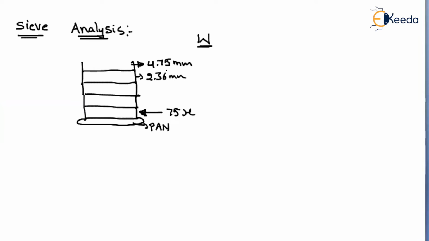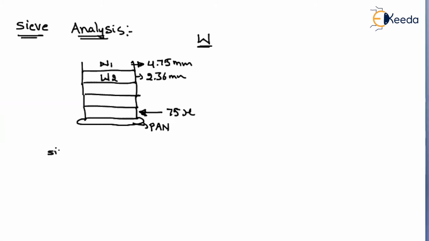Let us say the soil retained on the 4.75 is W1, similarly the soil retained on the 2.36 mm is W2, like that. On every sieve some soil is retained. We will measure each sieve and then represent it in terms of percentage. Let us represent those values in a table.